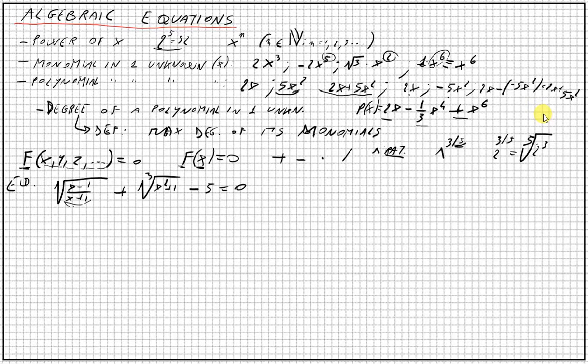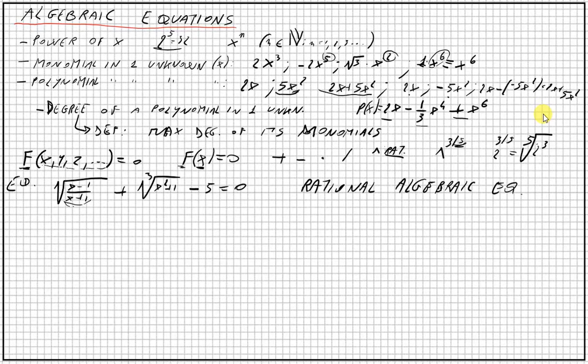So what is a slightly simpler type of equation? A rational algebraic equation. A rational algebraic equation is one with the same operations as above, with one difference now.